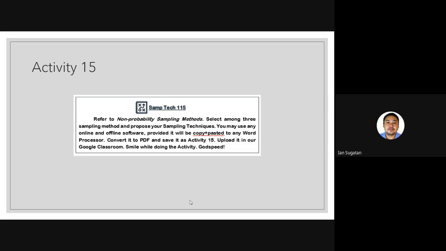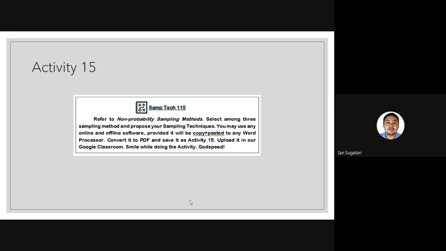Guys, for your activity number 15, you're going to refer to non-probability sampling methods. What you're going to do is select among the three sampling methods and propose your sampling techniques. You may use any online or offline software provided it will be copy pasted to any word processor. You're going to convert it to PDF and upload it as your activity number 15.